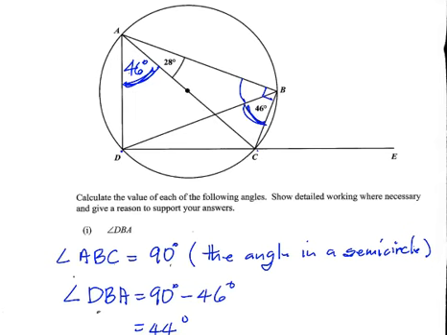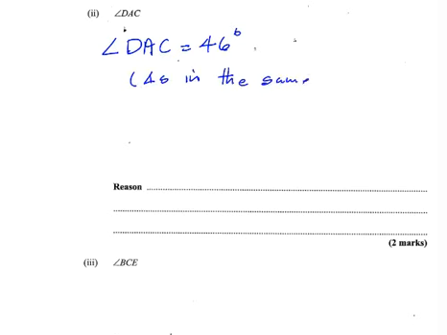So let's go on writing that answer. So angle DAC is equal to 46 degrees, and this is because these two angles are angles in the same segment.